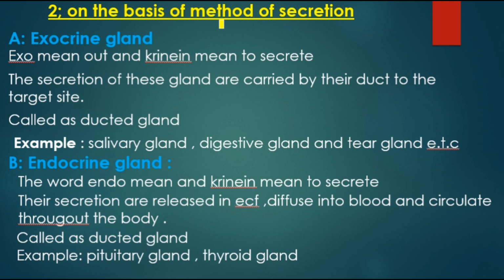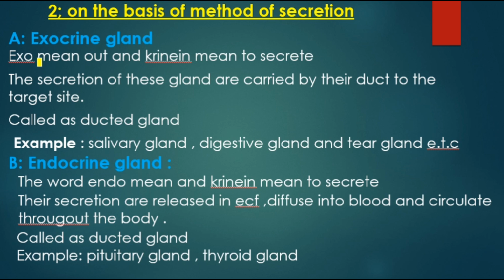On the basis of the method of secretion, glands are classified into three categories. The first is the exocrine gland, the second is the endocrine gland, while the third is the mixed gland, or you can say the heterocrine gland.